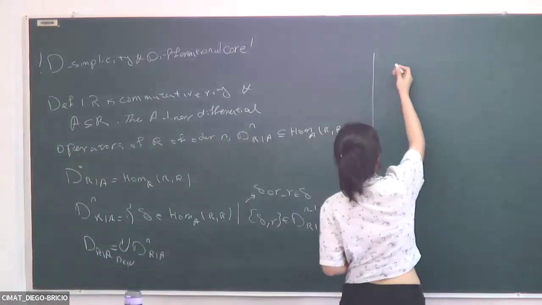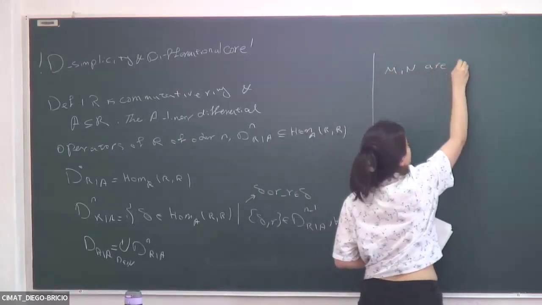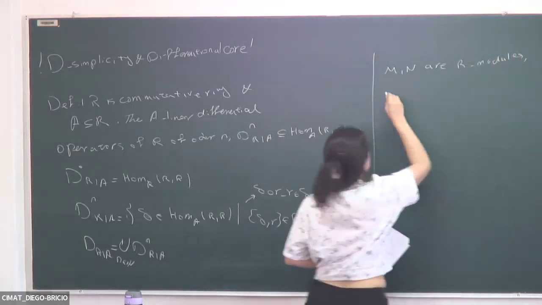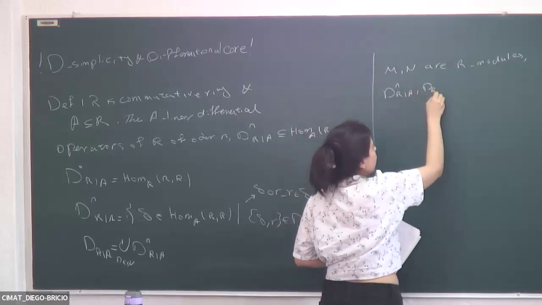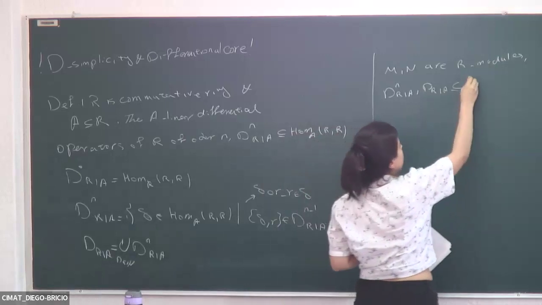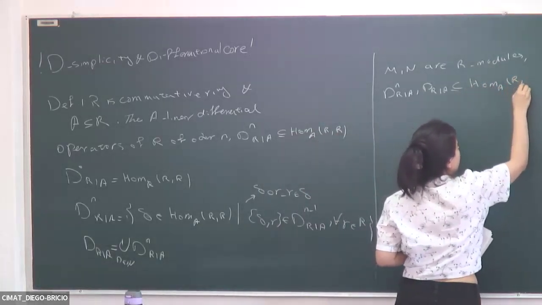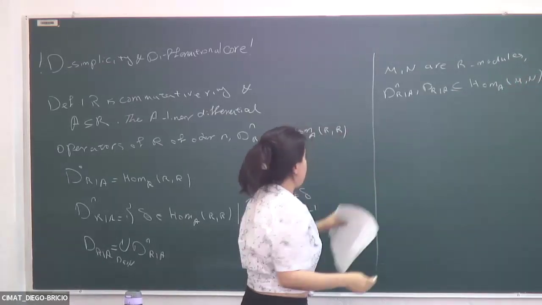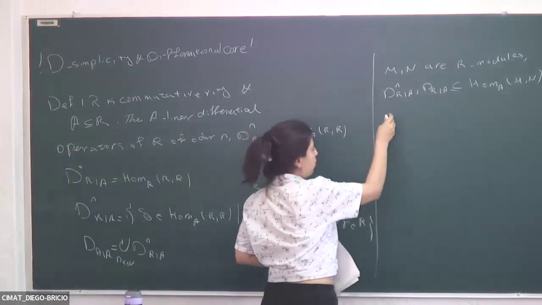So more generally, if we assume that M and N are modules, then D^n_{R/A}(M,N) and D_{R/A}(M,N), both of them are submodules of Hom_A(M,N). We define it exactly the same, with these same rules.